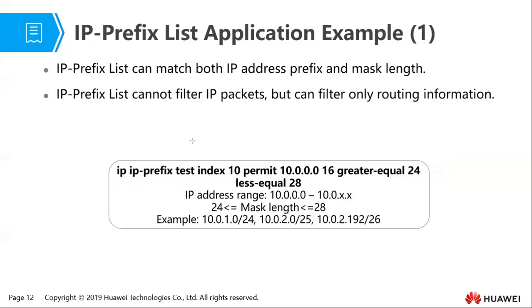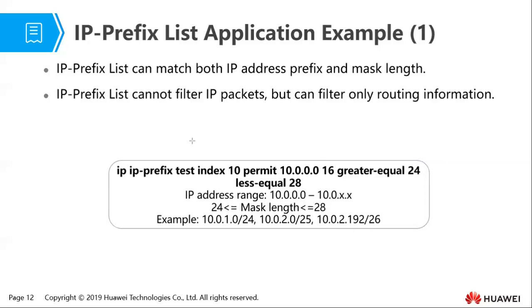As I've said, IP prefixes are processed in ascending order of the index, one after the other. If a deny clause is matched, then that particular network is dropped. If a permit clause is met, then that network can be learned.